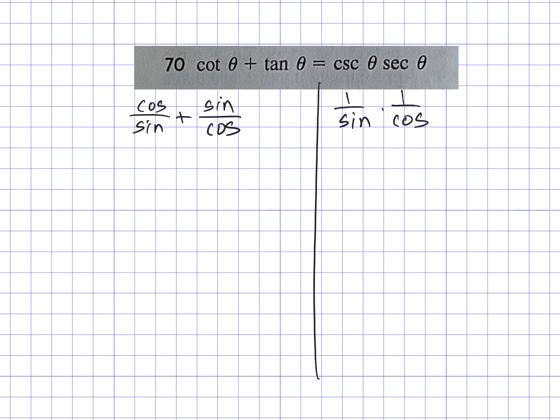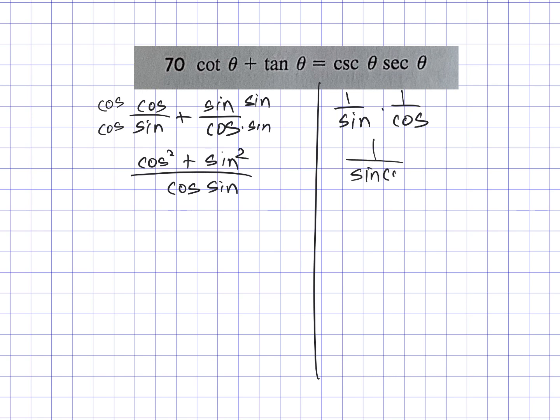Okay, you need a common denominator on the left, so we're going to multiply this one by cosine over cosine, and this one by sine over sine. So we have cosine squared plus sine squared all over cosine times sine. On the right side, we have 1 over sine times cosine. Well, cosine squared plus sine squared is 1. So these two are the same thing.